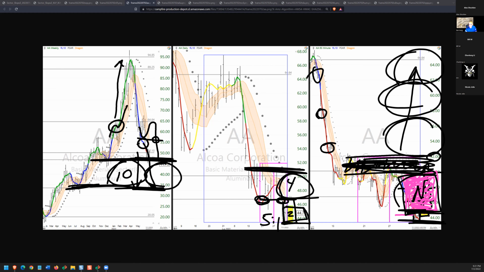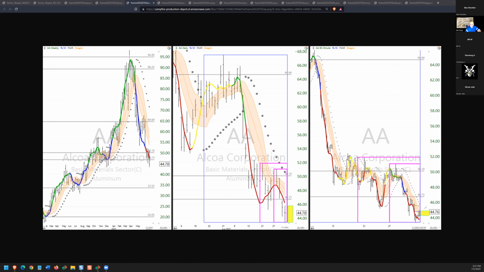So you have a nice move in either direction in Alcoa, makes it a classic tradable. And intraday, that's really only a 0.5 risk. You don't even need the full $2 if you're trading that intraday, because it's such a great trader intraday. That's why you always see it.